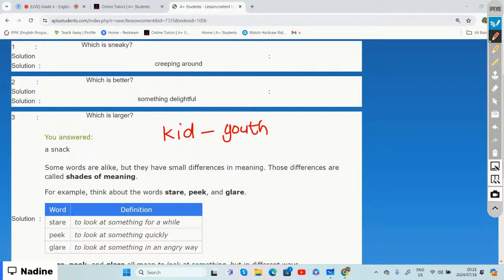But basically, kid or youth, right? Both of these words refer to somebody being very young, they refer to young people, but they are carrying different views, or they have different ideas also about young people.